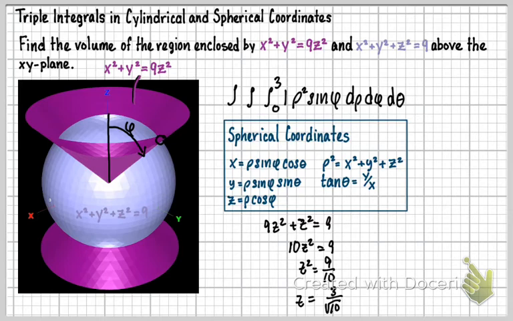So I'm going to just plug that in now. So my z is actually 3 over square root of 10. And that's going to equal my rho, which is, now think about the rho there, that rho there is going to be 3. We already know that. So that's going to be 3 cos phi.